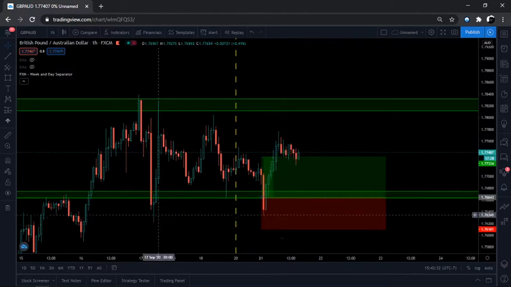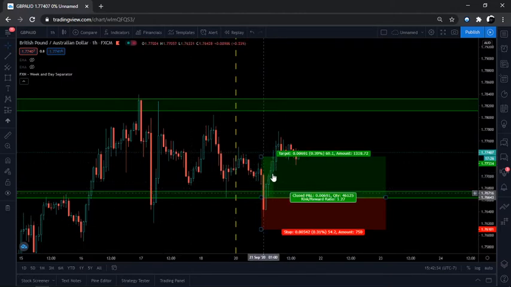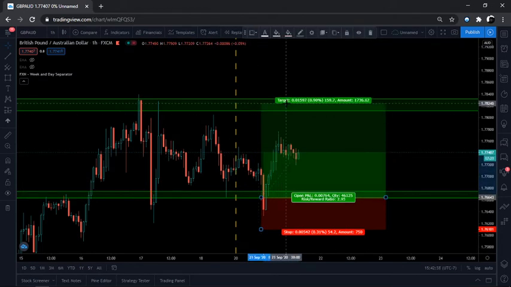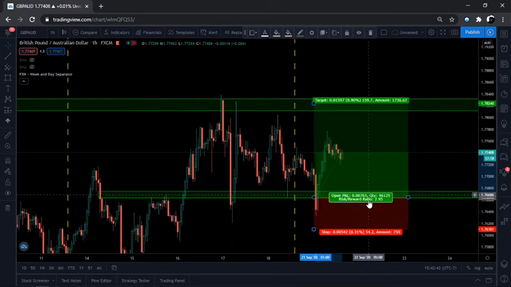Notice how the stop loss is below the level. Bullish, profit target up here. 160 pips, 50 pips. It gives us a 3-to-1 pretty much. So for every 1 unit you're risking, you're going to gain 3. And that would have worked out very good.